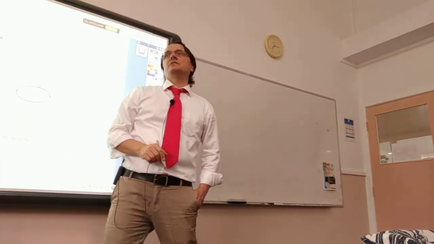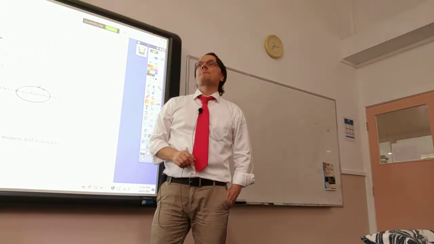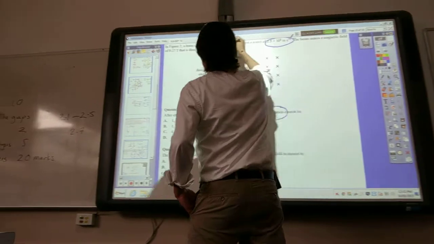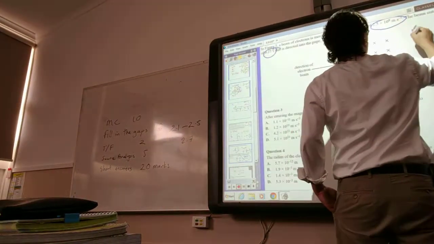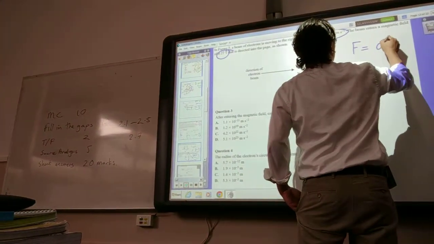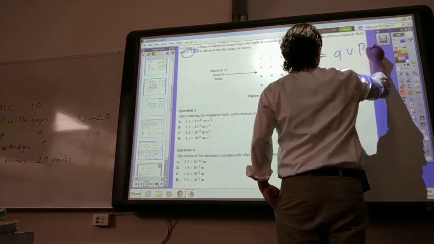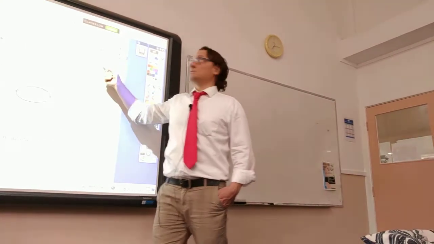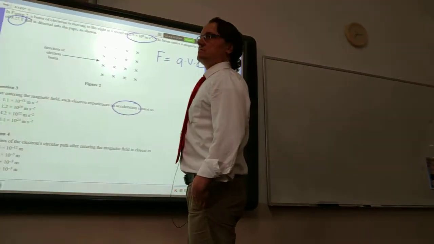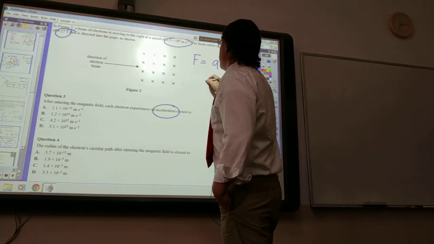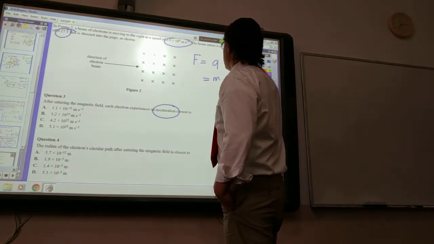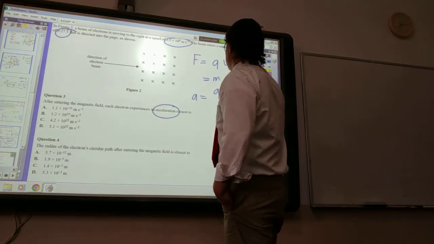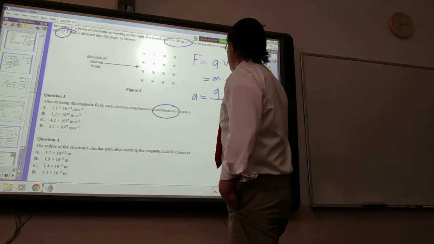How am I going to find the acceleration? Knowing the velocity and the magnetic field, we can find the force, which will be Q times V times B. I know everything: charge, V and B. And that's going to be the net force. Then F equals MA, so I can find A, which equals Q times V times B divided by M.